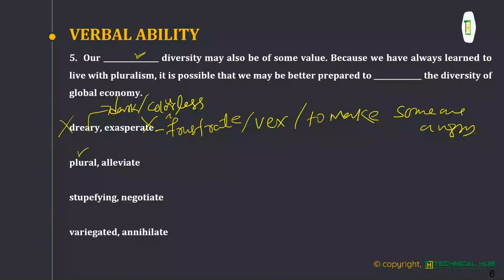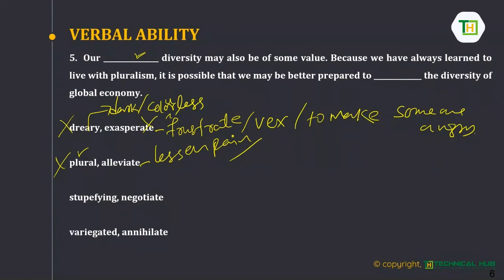Elevate. So what is this elevate? To reduce the pain or lessen the pain. So no need of using this lessening the pain, and this also won't come here.